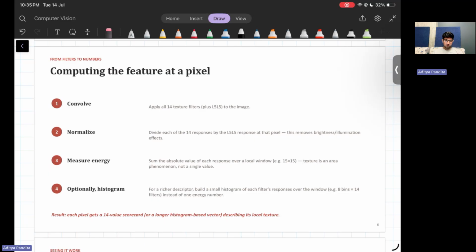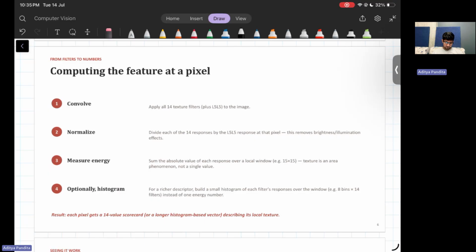Step two, normalize, divides each of those 14 texture responses by the L5 response at the pixel level. L5 is basically local brightness, so dividing makes the texture response invariant to illumination, that is, brightness versus shade values.